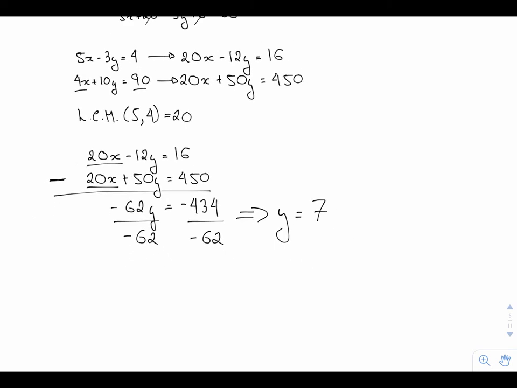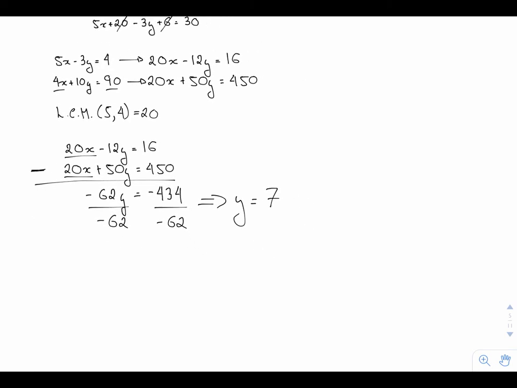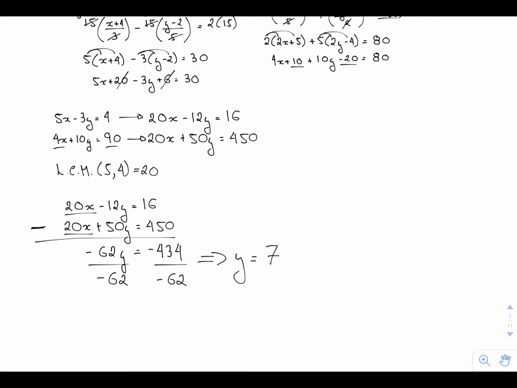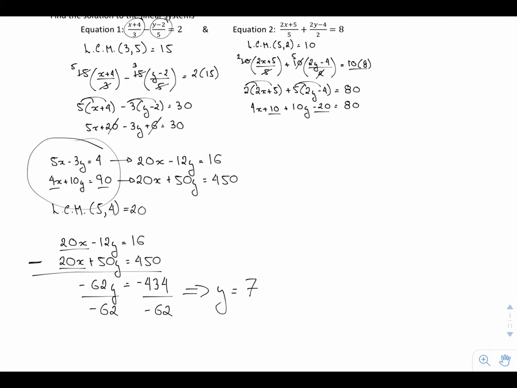So that's good. I'm going to take this 7 value now and substitute it into one of the original equations, and I'm going to look at specifically these equations here because I certainly don't want to work with any fractions. I mean, if I wanted to, I could plug the y into one of these two, but I'm not going to bother. So I'm going to pick, say, this first one here. I have 5x minus 3 times 7, again I'm replacing y with 7, equals 4.